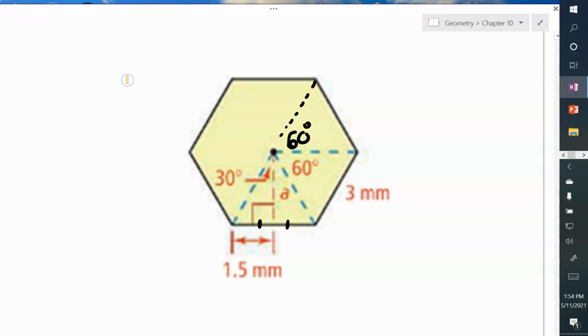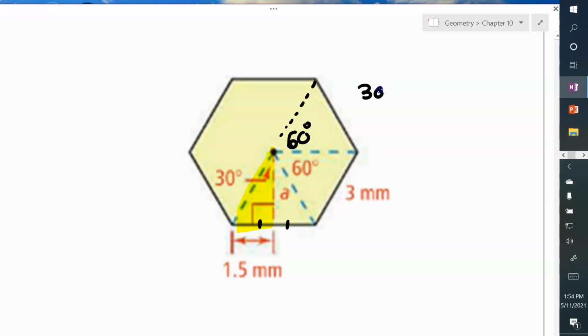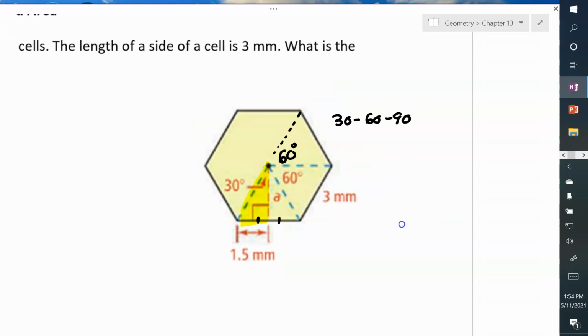Let's see if I can highlight this. So this right here that I'm highlighting in the yellow, that's a 30, 60, 90. And A is the long side, 1.5 is the short side.